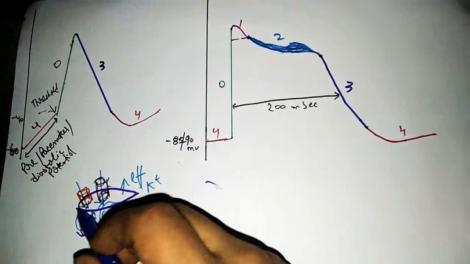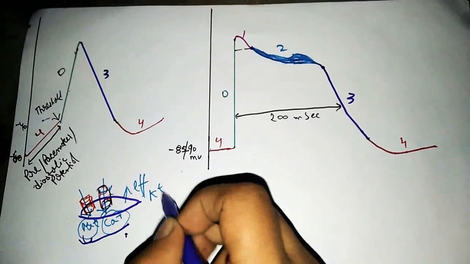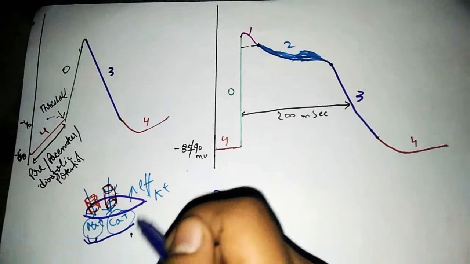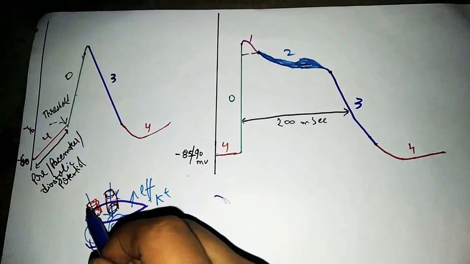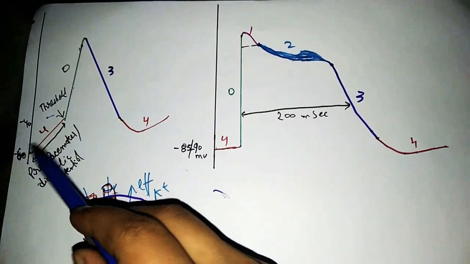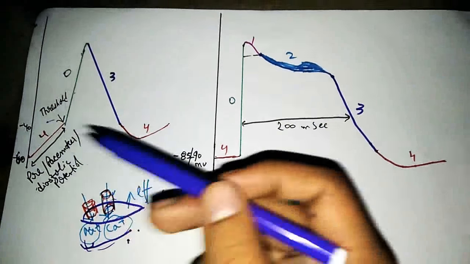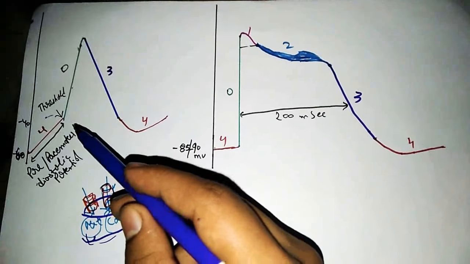Along with these, a very little potassium efflux also occurs. So mainly because of these two channels, the funny channels of sodium and T-type calcium channels, this pacemaker does not rest. So we can say that the resting membrane potential is not rested in the SA node or AV node.